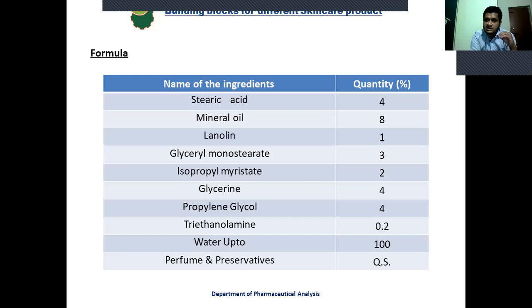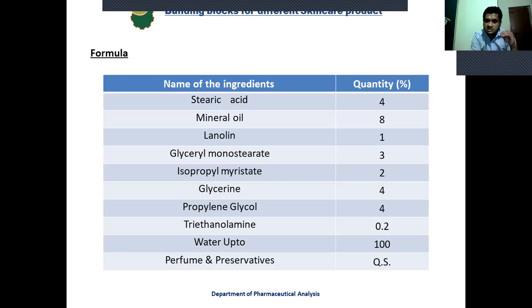Glycerol monostearate acts as an emulsifying agent, and isopropyl myristate also. Glycerin and propylene glycol act as humectants, and triethanolamine acts as a pH modifier, so that whenever you apply it to the skin, it should not create any irritation.